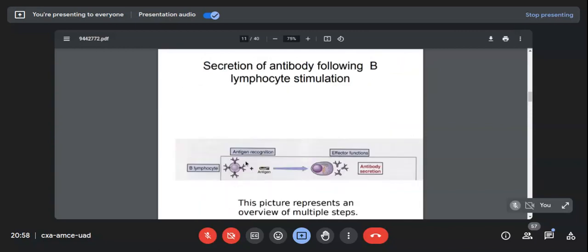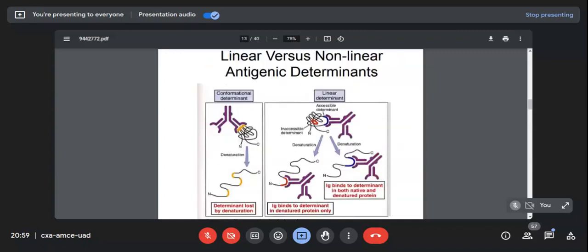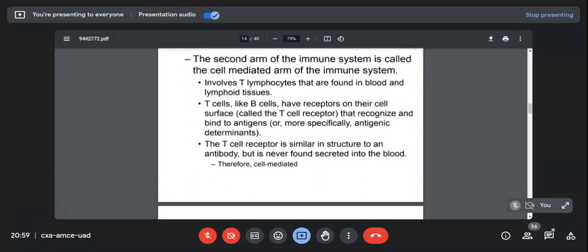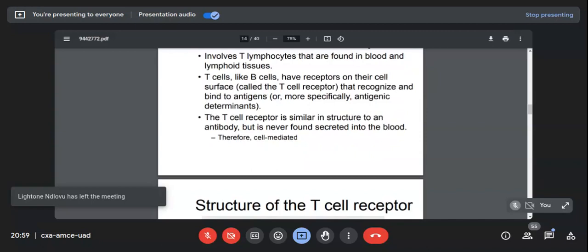When you activate a B cell, the B cell, after it has been activated, secretes those antibodies. But that doesn't happen with a T cell. A T cell will never secrete its receptors outside its surface or away from its surface. Take note of that.